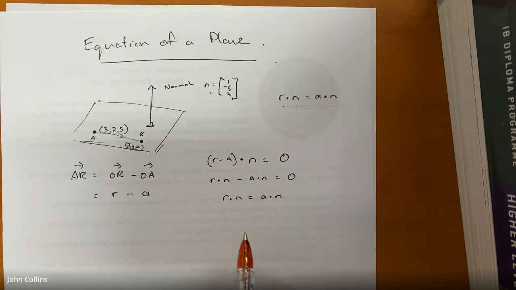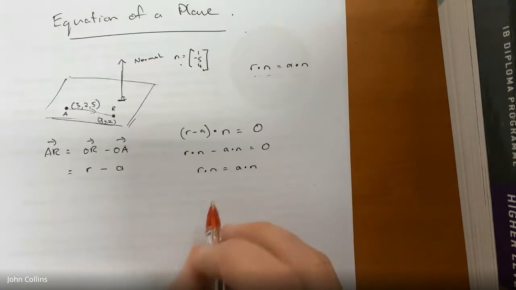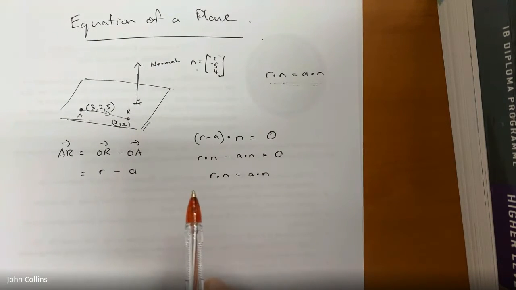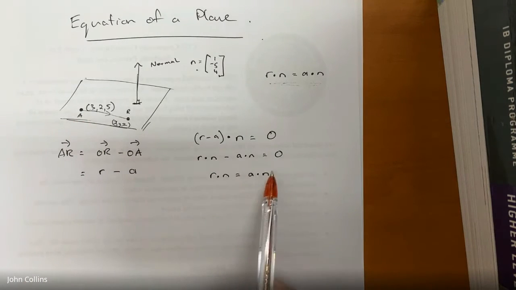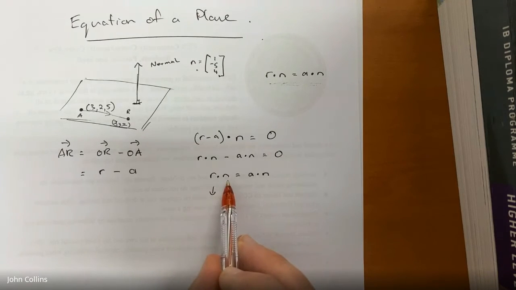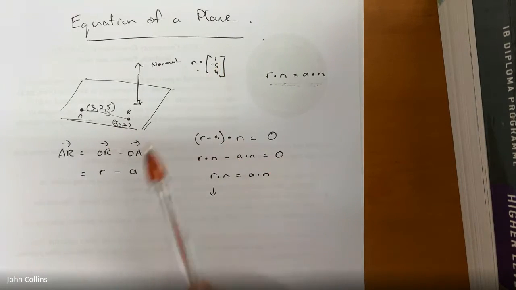Now, how does this help us find the Cartesian equation of the plane? If we know a point on the plane, and we know the normal, this equation will help us find the equation of the plane. So we do the scalar dot product between r and n. r is x, y, z, and n is 1, minus 5, 4.